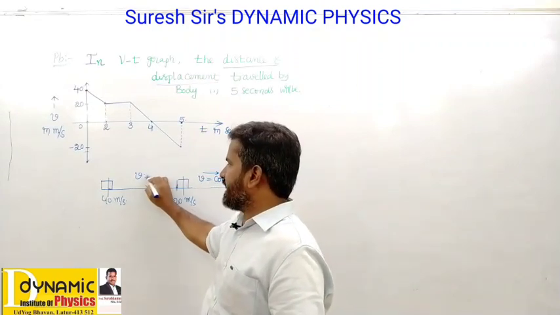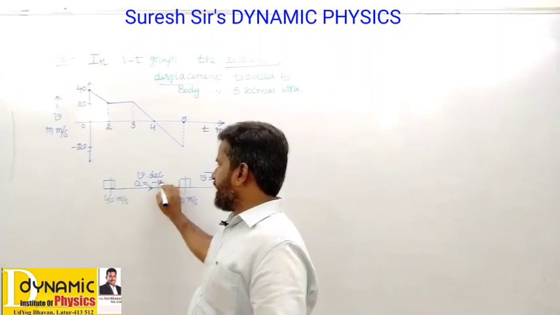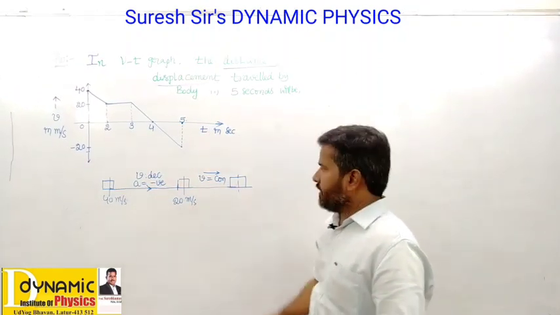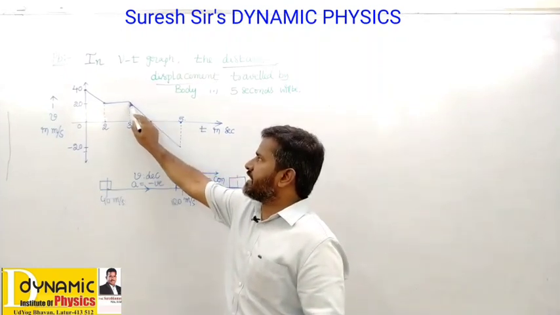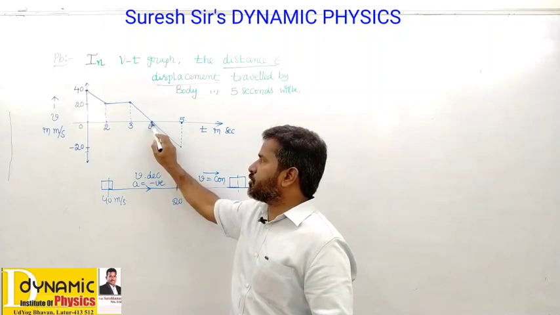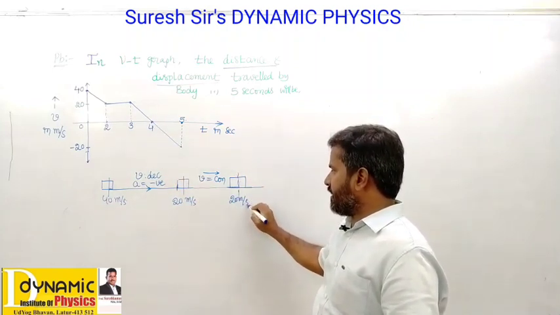Here the velocity decreases, so the acceleration is negative, a decelerated motion. Here the velocity is constant at 20 meter per second. After that the velocity continuously decreases to 0, so the acceleration is negative. The body reaches 0 velocity, and after this the body comes back, meaning the direction is negative. It comes back with a velocity of 20 meter per second.